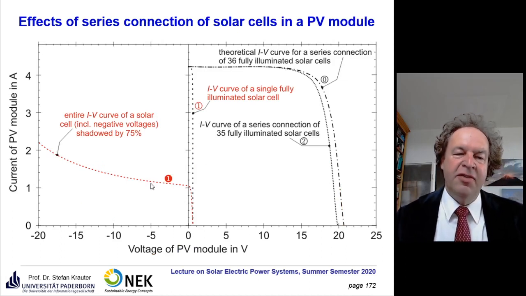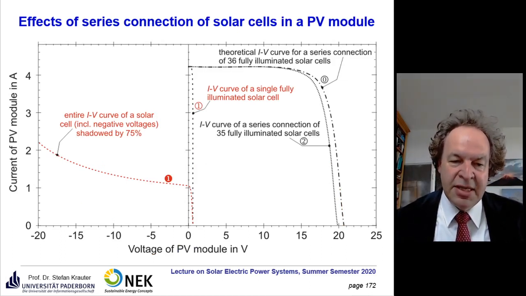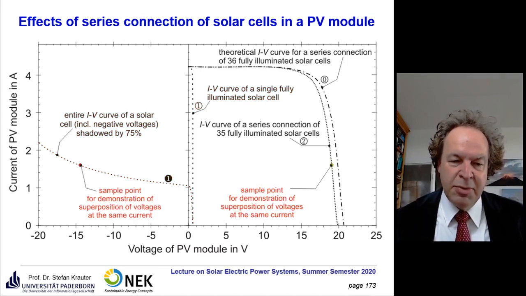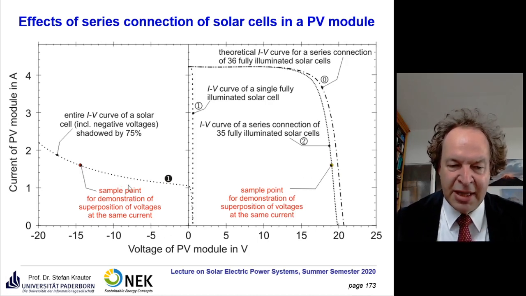And what happens if we put all the IV curves together? As you see here, we take one sample point, for example this one, for demonstration of the superposition of the voltages, because the voltages add up and the current stays the same. So we draw a line parallel to the voltage axis, at a constant current.